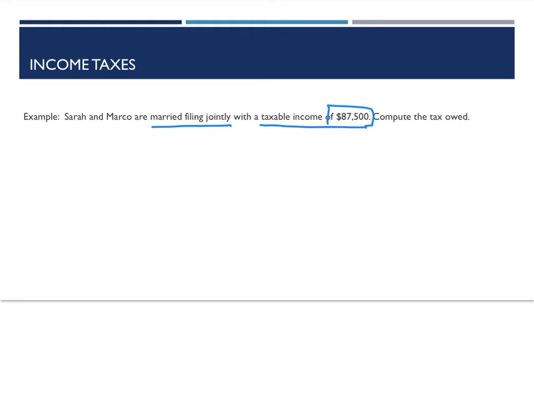Everybody who's married filing jointly pays 10% tax on the first $18,550 that they earn. But Sarah and Marco earned more than that.